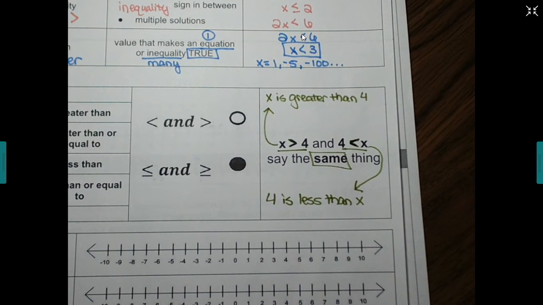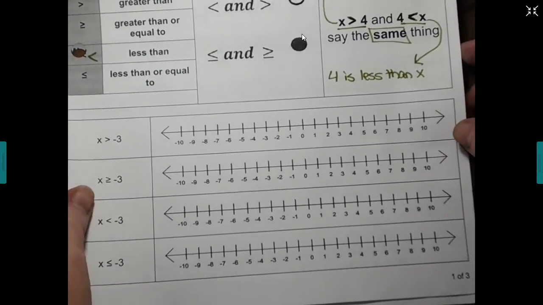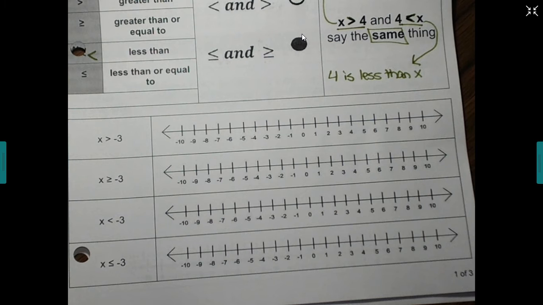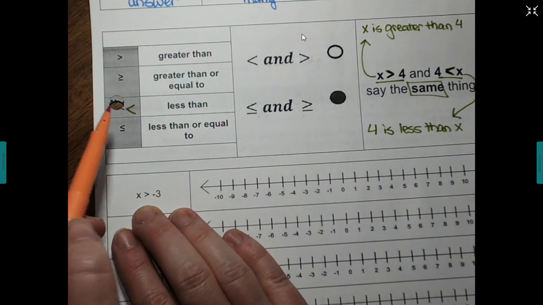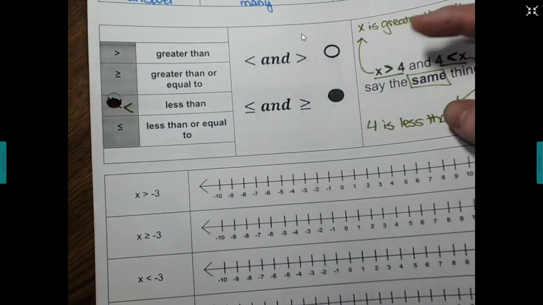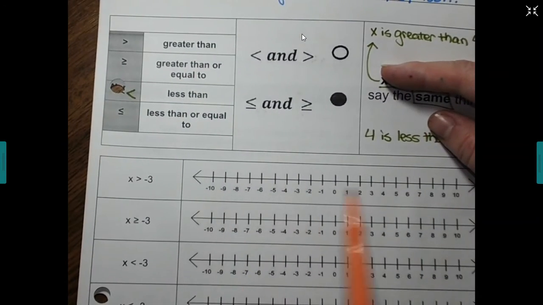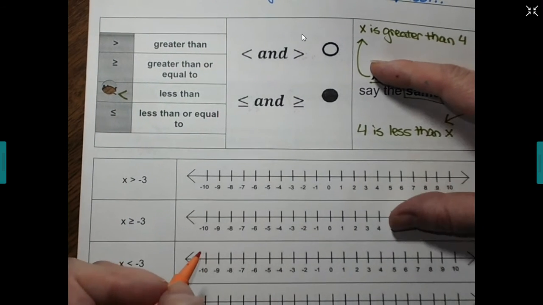Okay, let's graph a little bit, shall we? Right here, this says x is greater than -3. I need to graph it on this number line. I need to graph what my solutions are. So x is greater than -3.